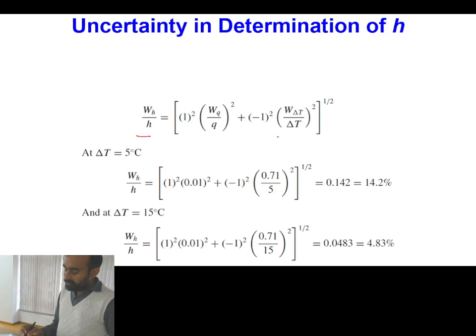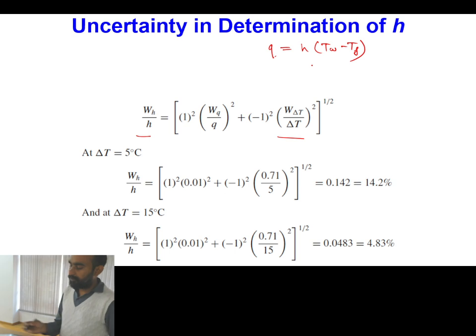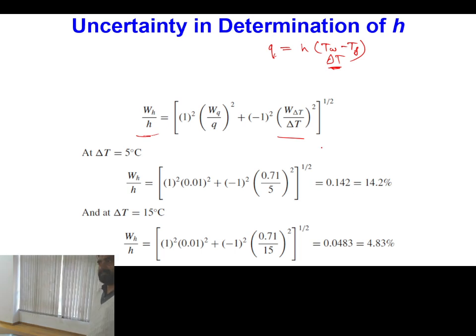Now we have to measure the uncertainty in H. So what will be uncertainty in H? Q is equal to heat flux is equal to H into TW minus TF. So this we are writing as delta T. So whatever the uncertainty in measurement of Q is there and uncertainty in measurement of delta T is there, that will be giving me the uncertainty in measurement of H. Is this one clear?